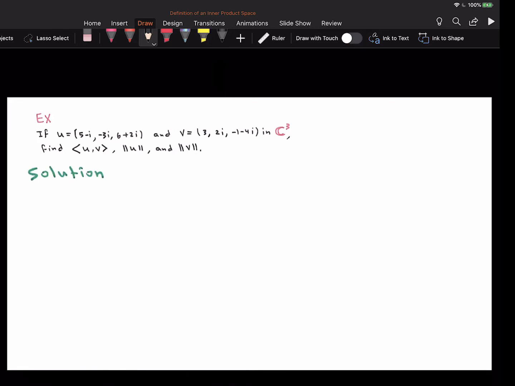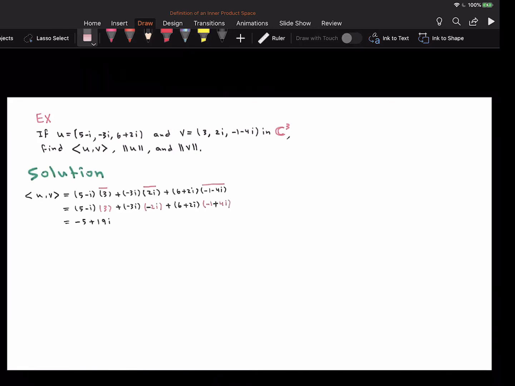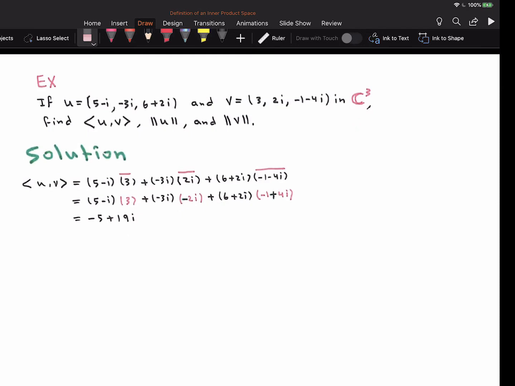Solution. We just apply, as you could see, the definition that we created. So we multiply the first component of U, which is 5 minus i, by the first component of V, which is 3, but the conjugate of 3 is still 3.